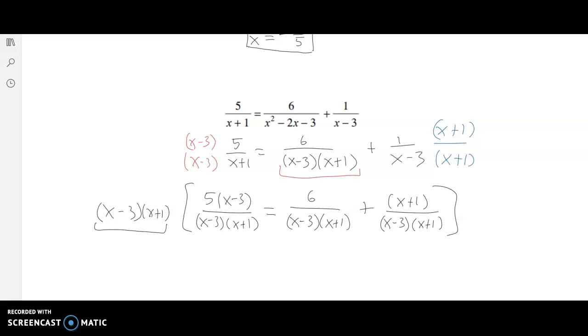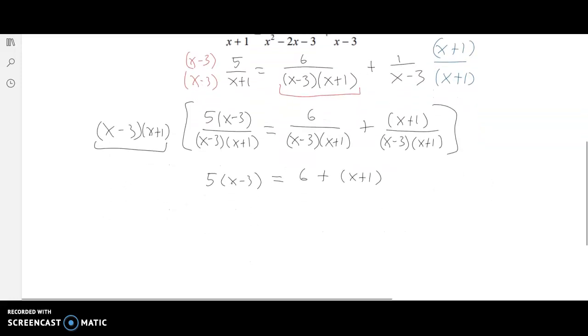Or you could think about it as no matter what value of x I put in here, all of these are always going to be equal, so I only have to find the x values that satisfy the equation in the numerators. Either way, what I'm going to end up getting is 5 times x minus 3, in parentheses still, is equal to 6 plus x plus 1.